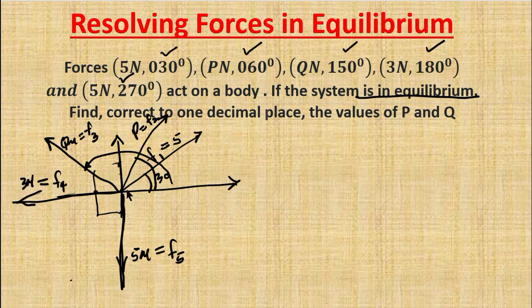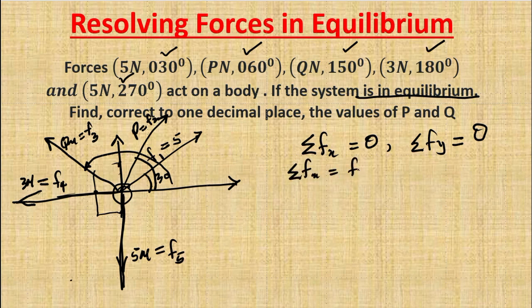Now for this body to actually be at equilibrium, that means the summation of my Fx after resolving this will be equal to 0, and also the summation of my Fy, after resolving each of the forces to both x and y axes, will also be equal to 0. Now let's pick them one after the other. We know that the summation of my Fx will be F1 and its x component, plus F2 and its x component, plus F3 and its x component, F4 and its x component, plus F5 and its x component.